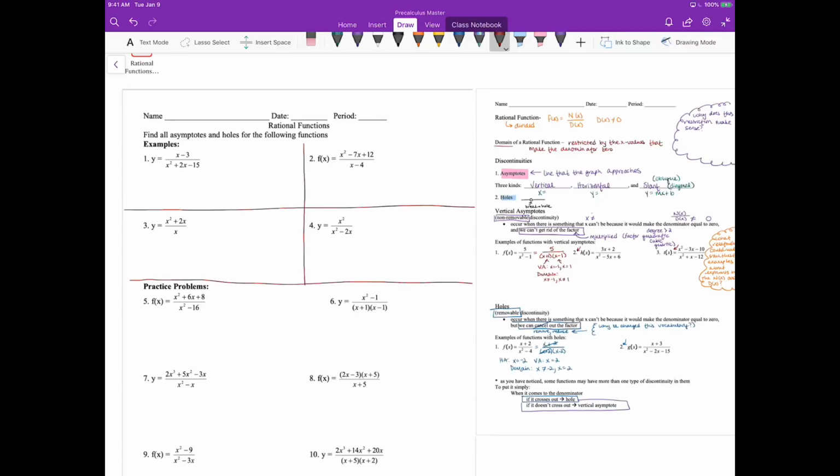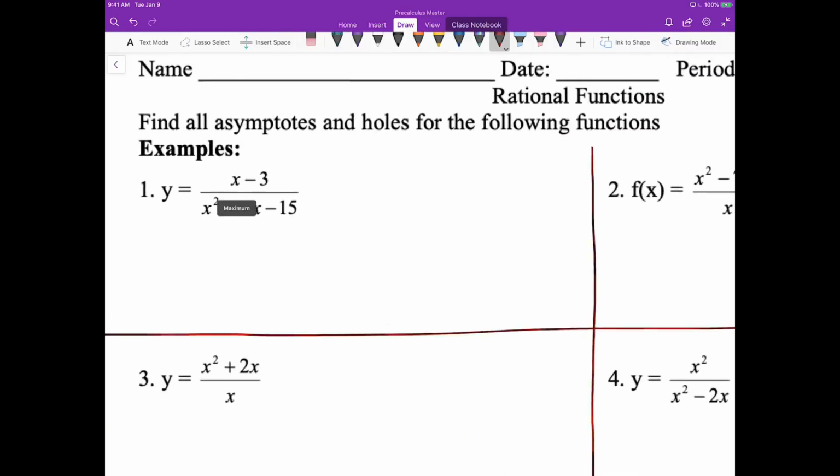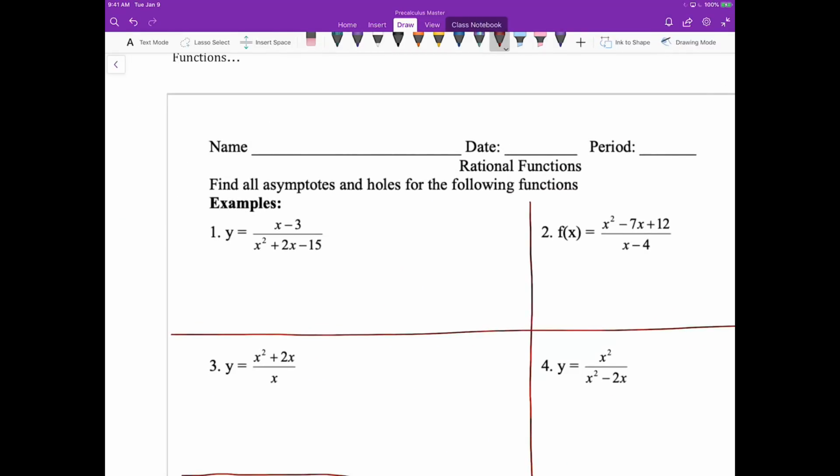Anytime you're looking at this, you'll want to factor the quadratic parts, whether they're in the numerator or the denominator. In the first example, our quadratic piece is in the denominator, so that's what we're going to factor. y equals x minus 3 over the quadratic function in the denominator factored, which is x minus 3 times x plus 5.